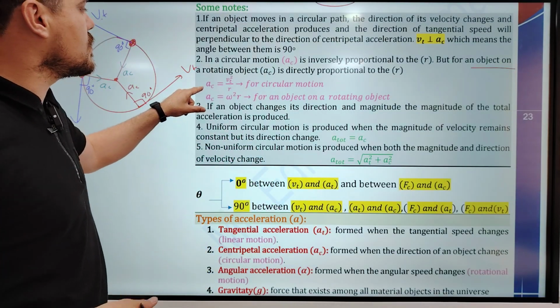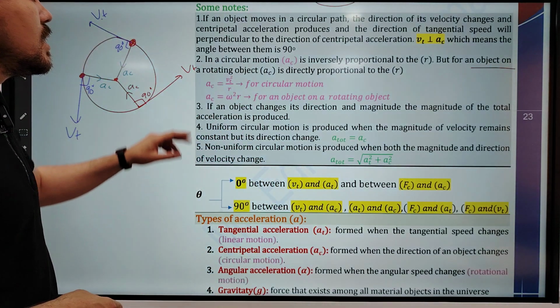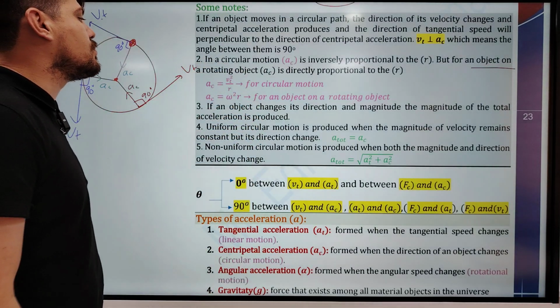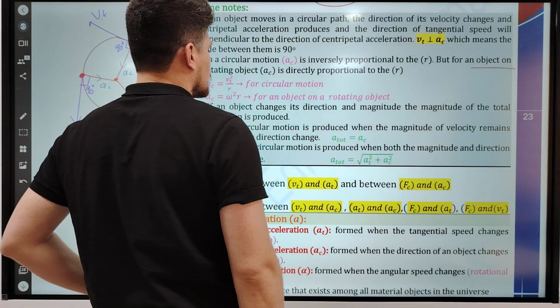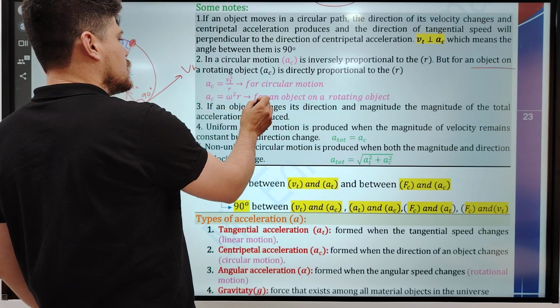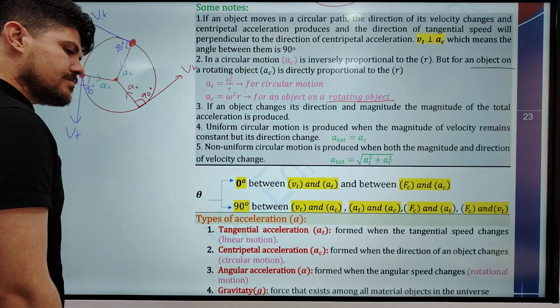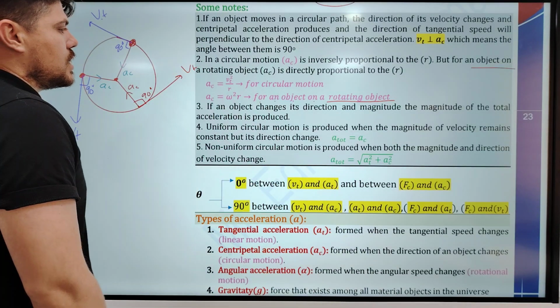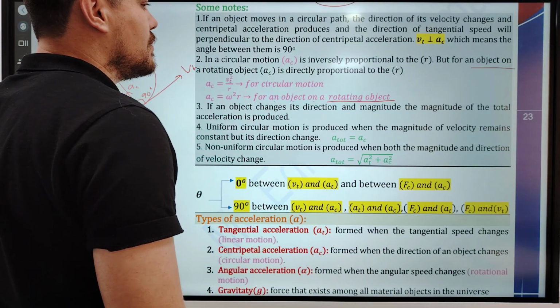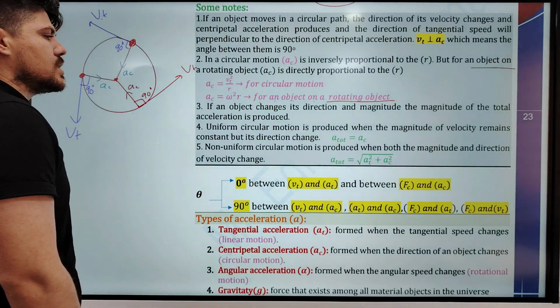For circular motion, AC equals VT squared over R. But for a point on a rotating body, it equals omega squared R. This equation can be used for an object on a rotating body. If an object changes both its direction and magnitude of velocity, a total acceleration is produced.